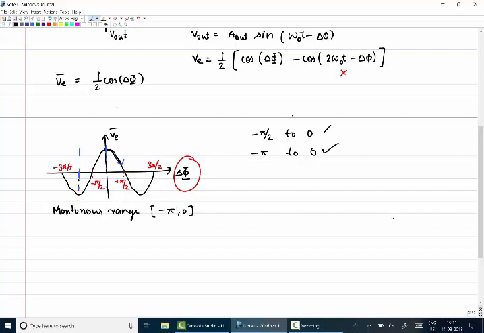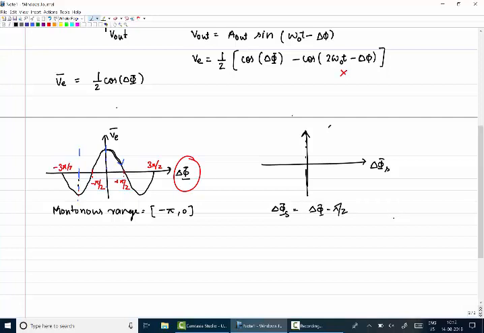Now, this minus pi to 0 is the range I can use. Just for my easiness, I can have a shift in the variable, and say, let me write delta phi s, or delta phi in a steady state, where I make a change in the variable that delta phi s is equal to delta phi minus pi by 2.